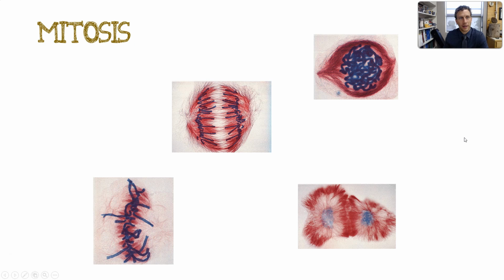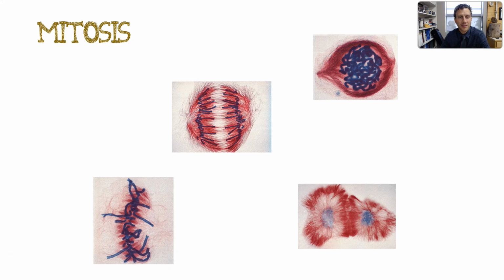And if you look at cells under a microscope, we can see this. So this is basically the nucleus of a cell at various stages of mitosis. And so what's the order here? Which one is prophase or metaphase or anaphase or telophase?